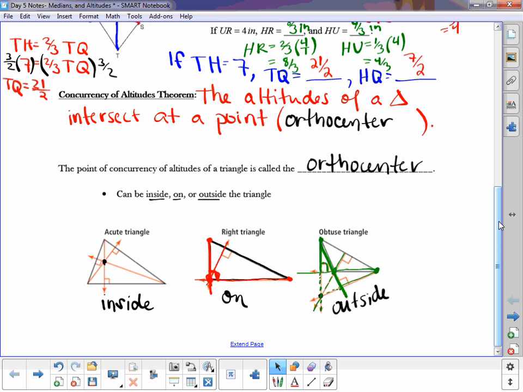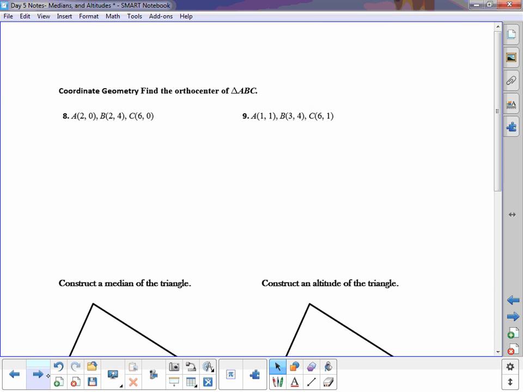Okay, so let's flip it over to where algebra comes back again. Coordinate geometry. Alright, so it says find the orthocenter of triangle ABC. Again, let's just draw a rough sketch to get an idea of what's happening. So A is at (2, 0).